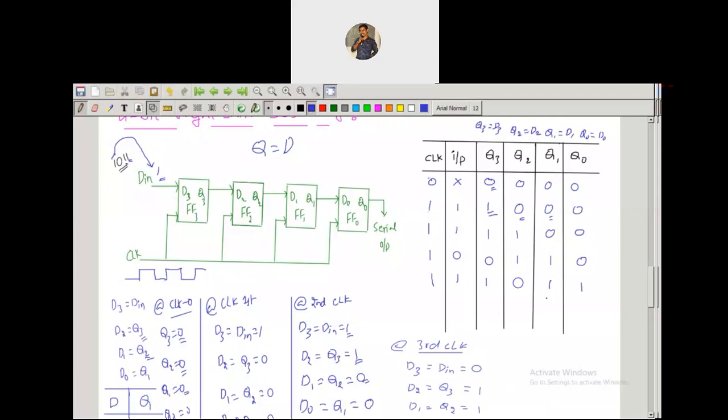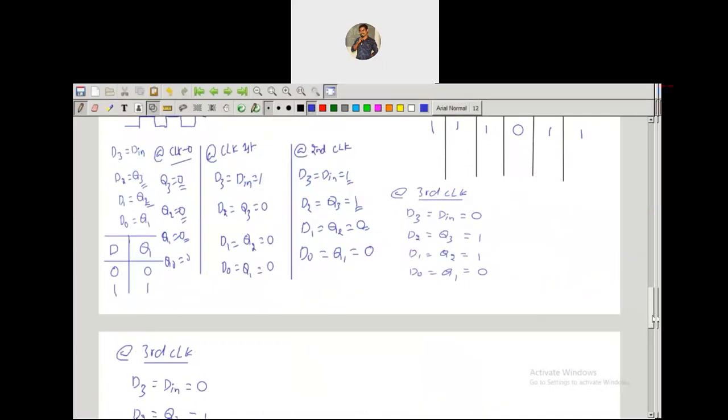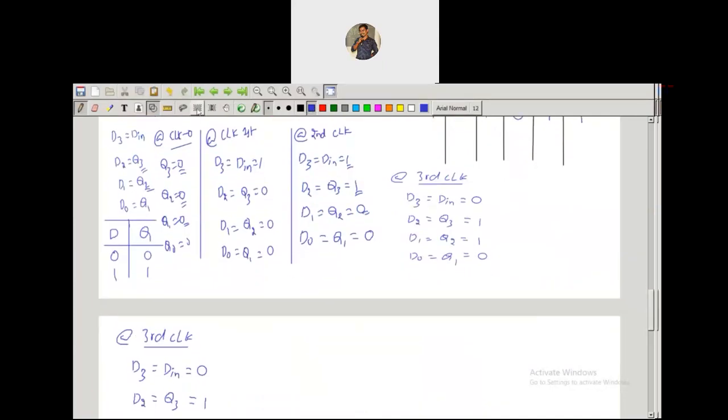But I want to extract the output. So now you can observe, we have applied only 4 clock pulses. Now we are having Q3 equals 1, Q2 equals 0, Q1 equals 1, Q0 equals 1. That is, we are having data in our registers.